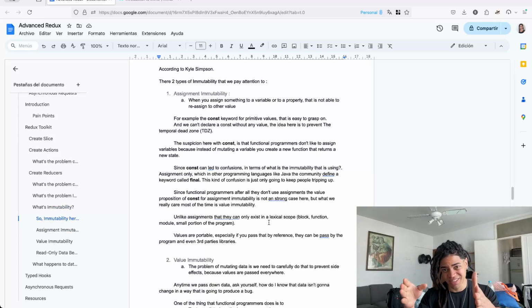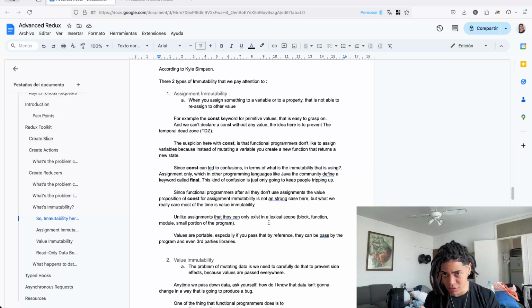Also, this assignment is per scope, right? But data or values themselves are actually portable. They are moving through your entire program and also in third-party libraries.